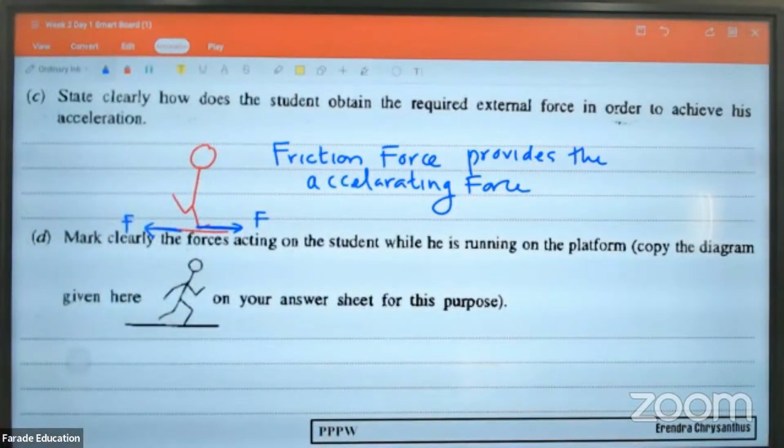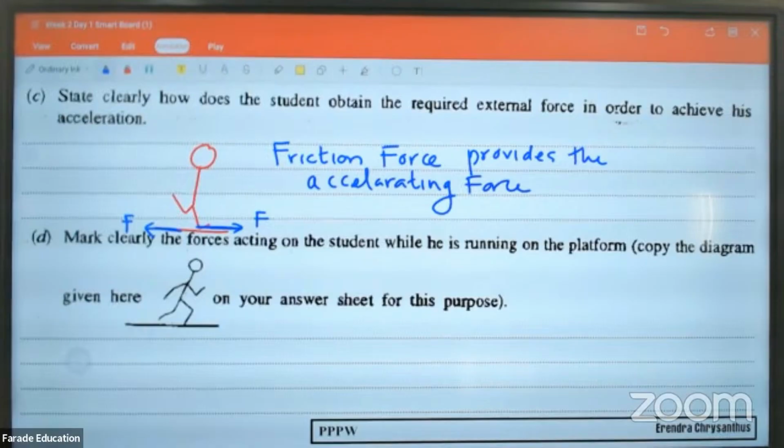So the student will push on the ground. When he pushes on the ground, friction will be generated.